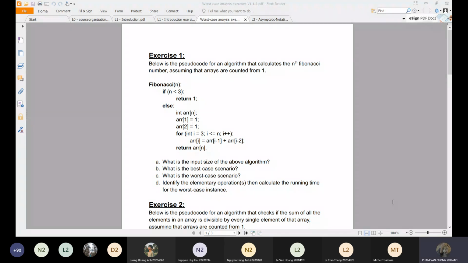Okay, that's good. The input size is N. So for question B, what is the best case scenario, do you think?